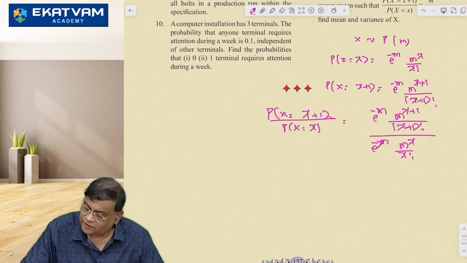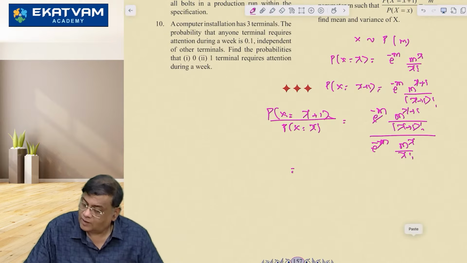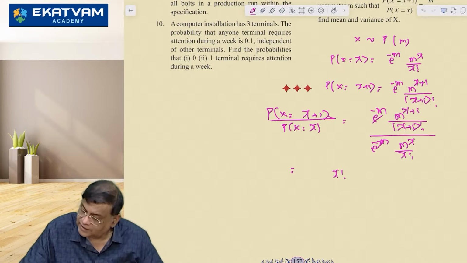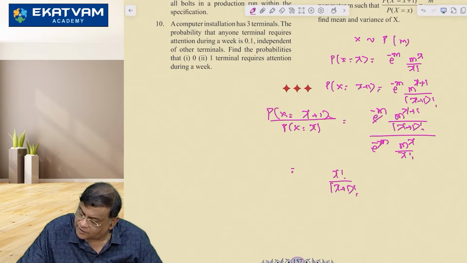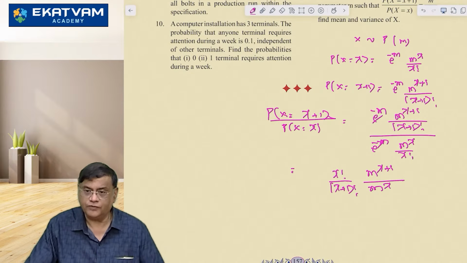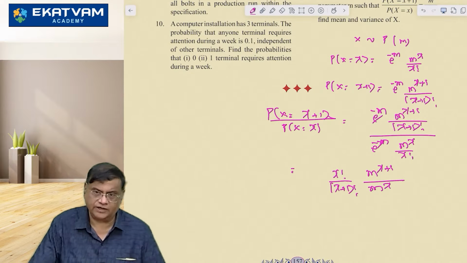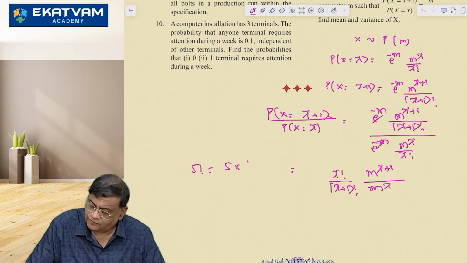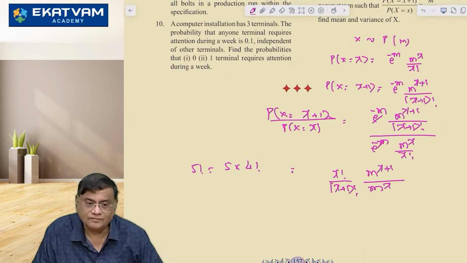So this e raised to minus m will be cut. Now the upon of the upon goes up, then x plus 1 factorial stays below, and m raised to x plus 1 stays above, m raised to x will be below. But remember, if I want 5 factorial, I can write it as 5 into 4 factorial.